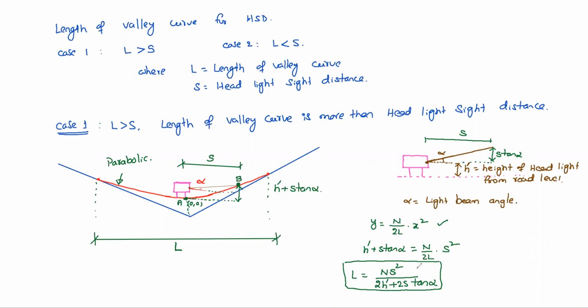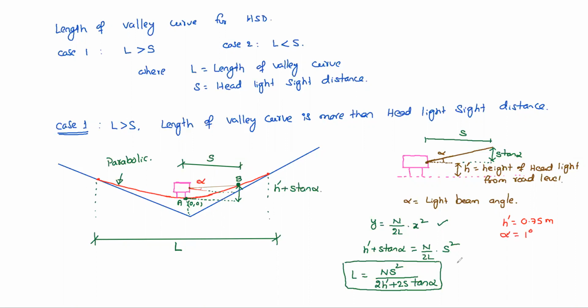And generally the default value of h dash is 0.75, and alpha default value equal to 1 degree.